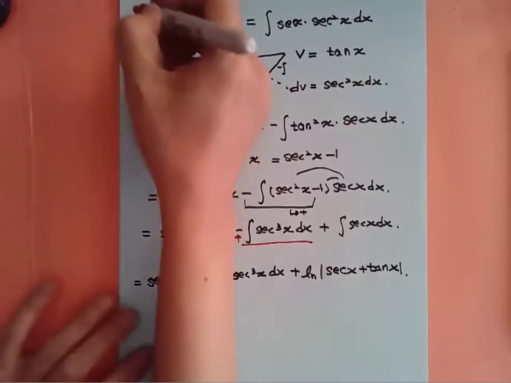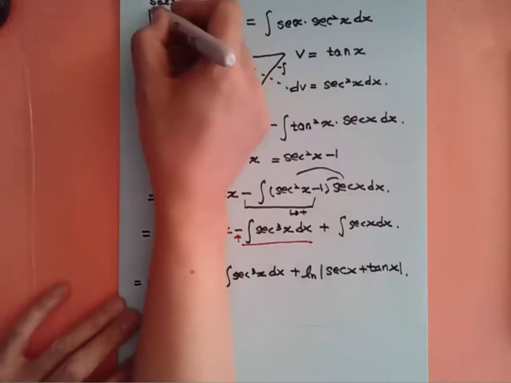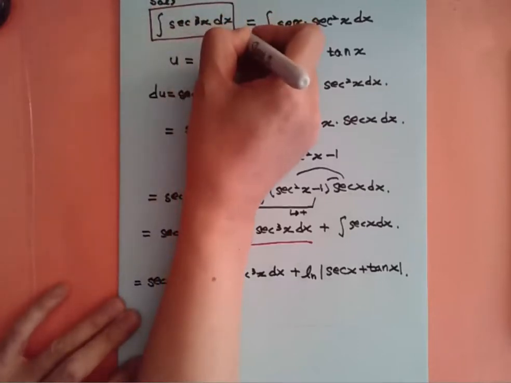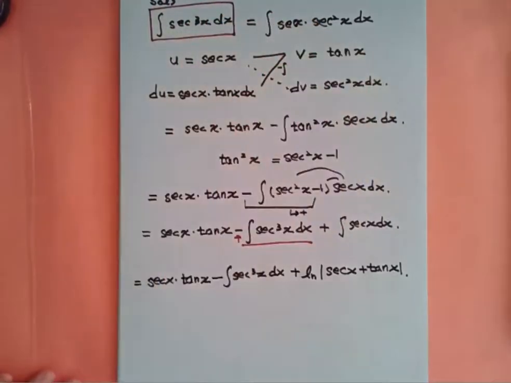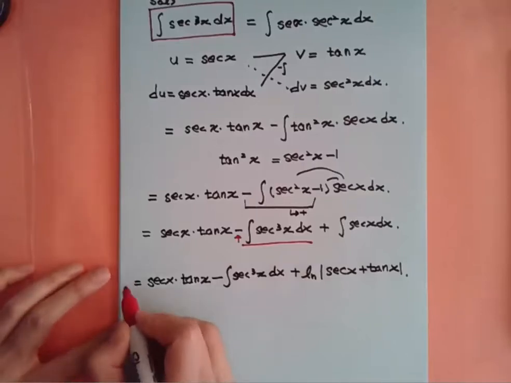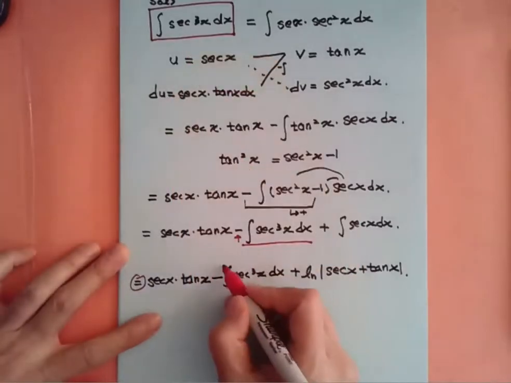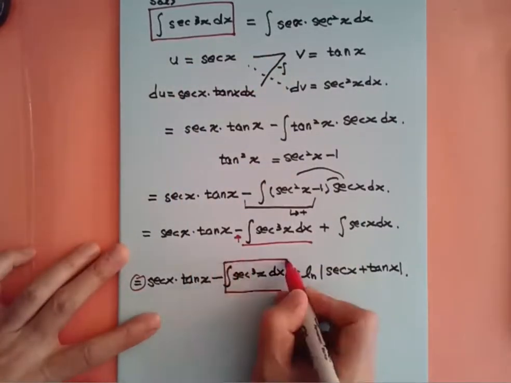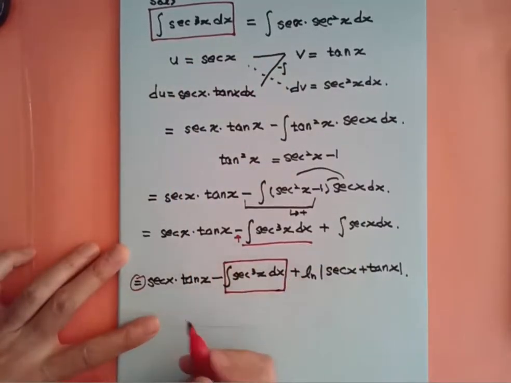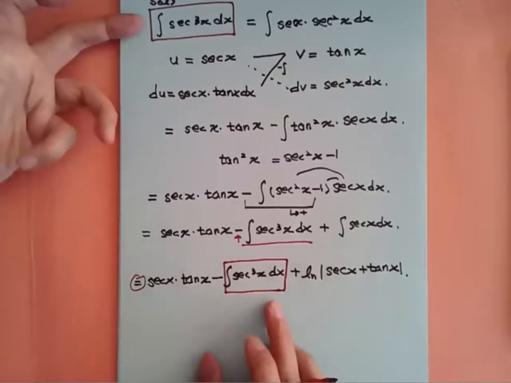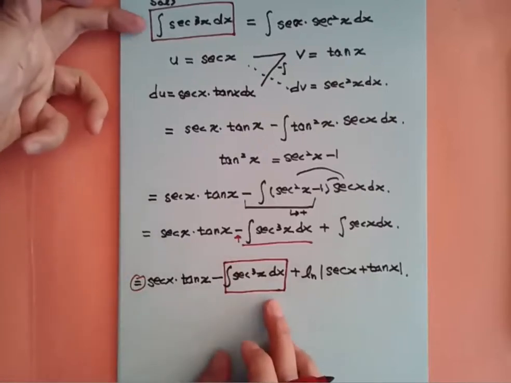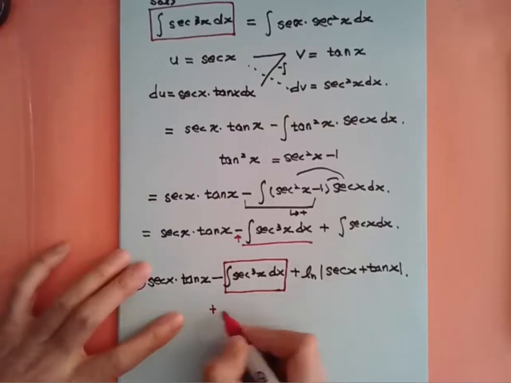So the integral of secant cubed of x dx equals this, but this one and this one are the same. So what I will do is add the same on both sides.